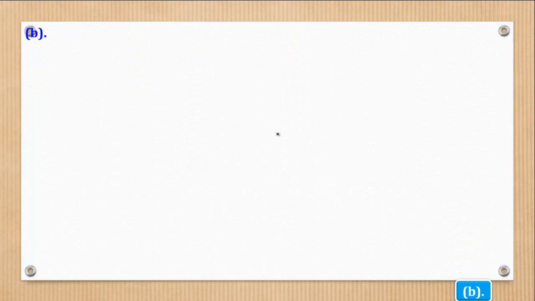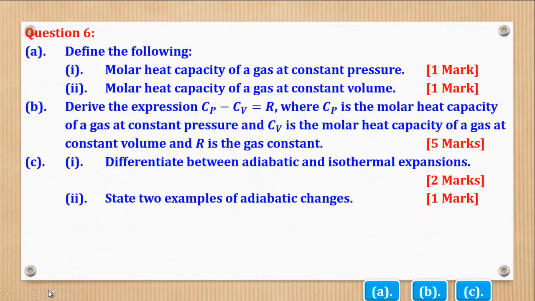Then part B. Derive the expression this, where Cp is the molar heat capacity of a gas at constant pressure and Cv is the molar heat capacity of a gas at constant volume, and capital R is the gas constant.